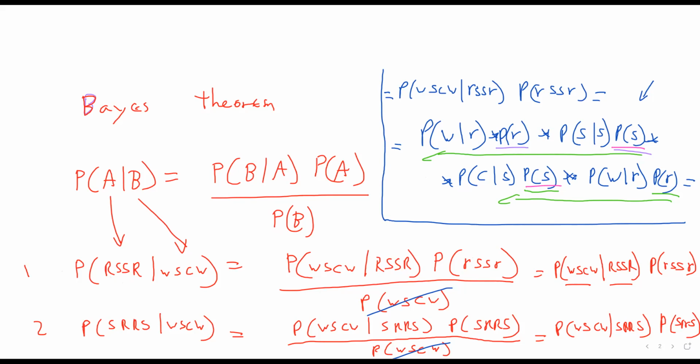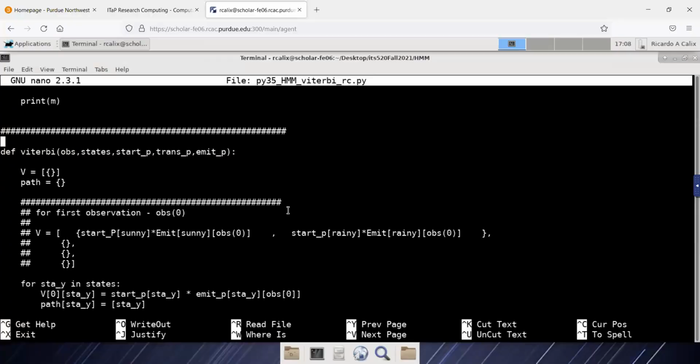The best way to look at it is to go slowly. So here is the Viterbi algorithm. First we provide all the parameters. Then the Viterbi algorithm creates this object V. This is an internal table that it uses, and it wants to compute values for it. These values are the cumulative values that are going to be used to predict the correct sequence.